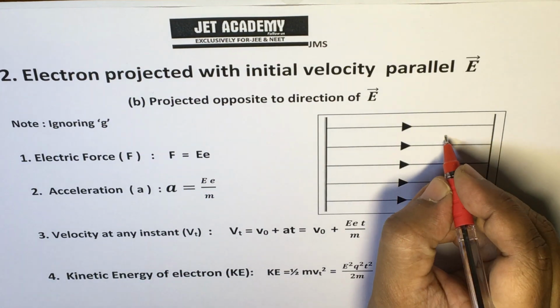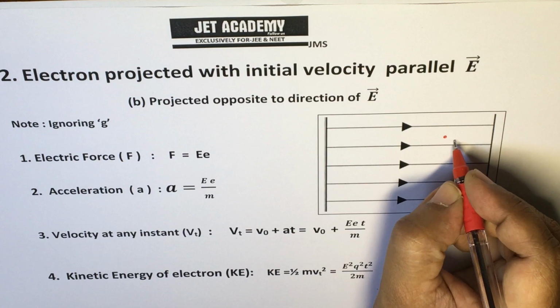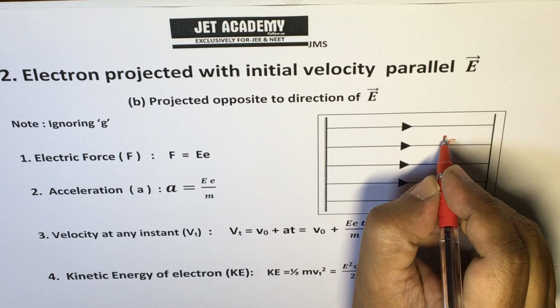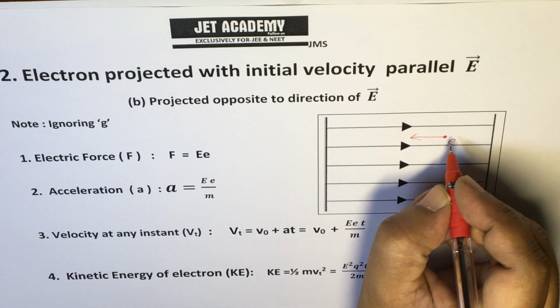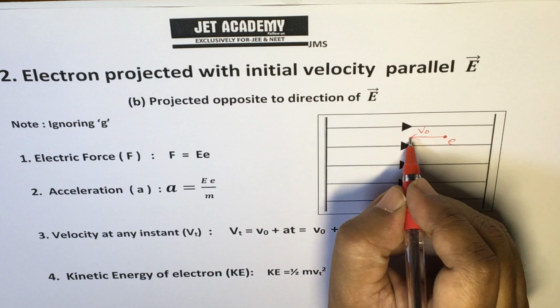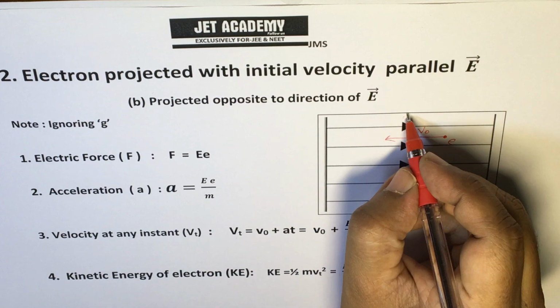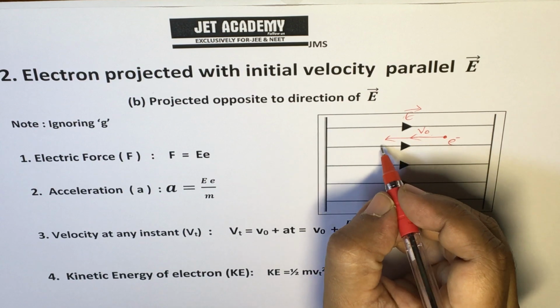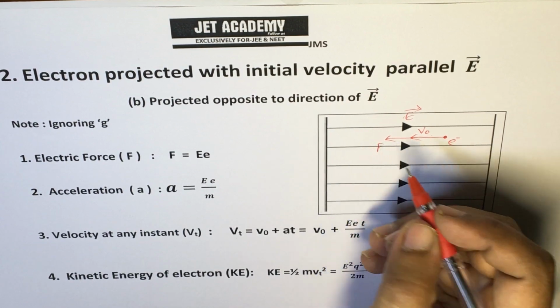It is as good as a charge, the electron, projected opposite to the electric field, and the force is also in the same direction, because the electron experiences the force opposite to the field, therefore the force is also in this direction.